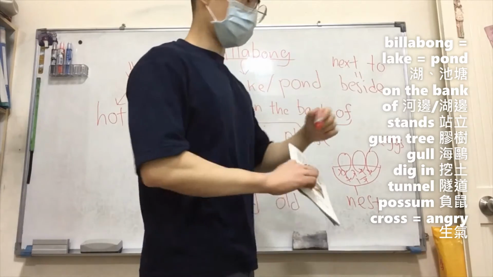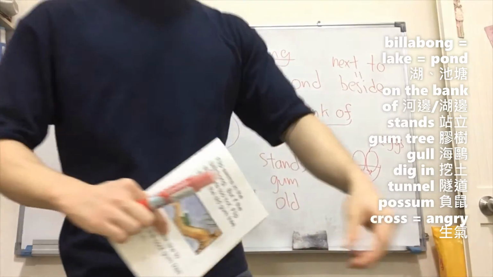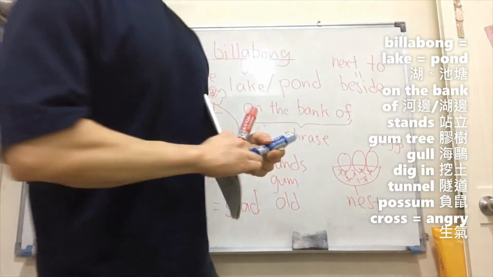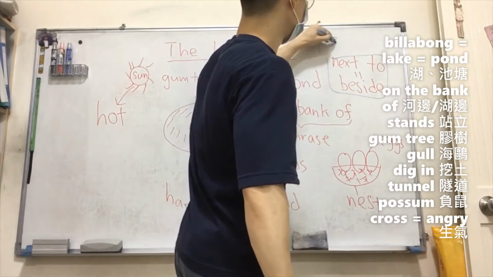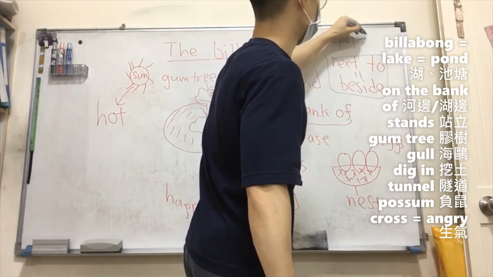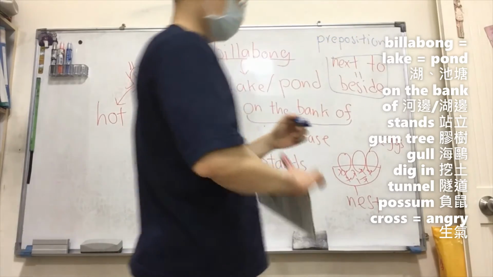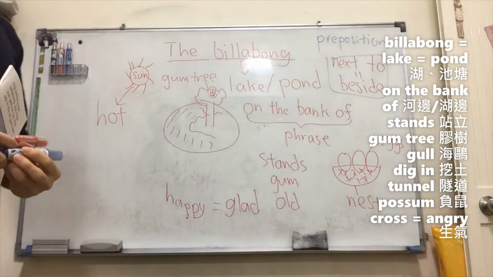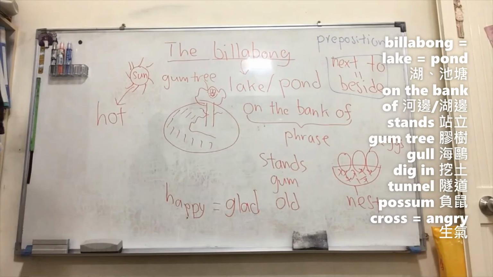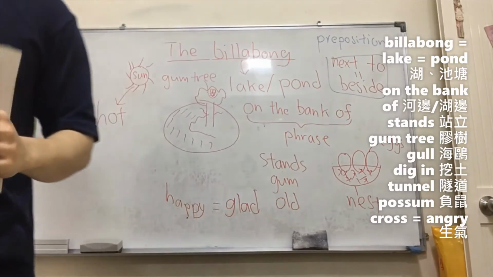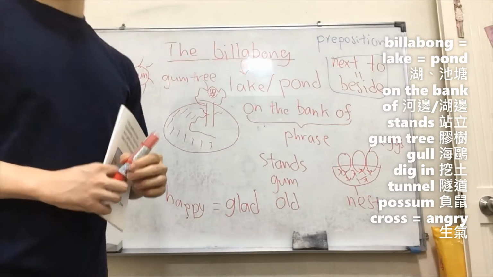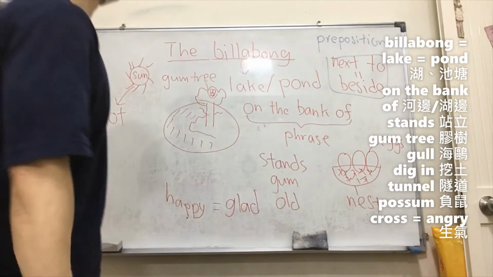This is our preposition, right? Preposition. Alright? I hope you can still remember what are your prepositions, right? Such as your in, on top of, beside, behind. So far and so forth, right?